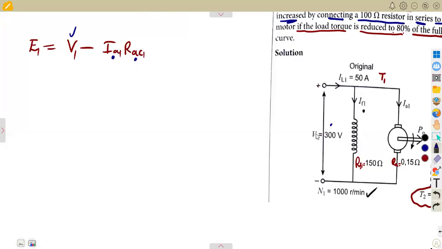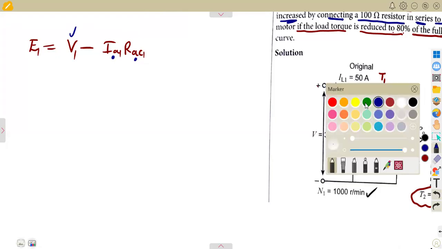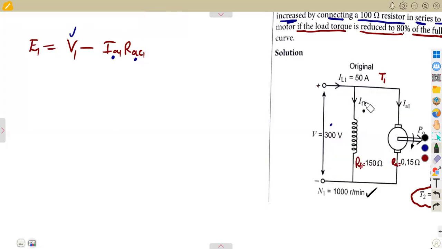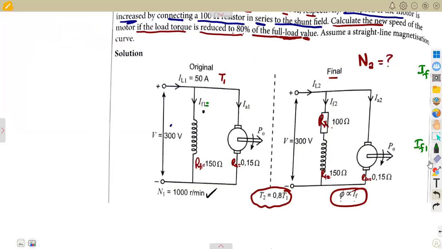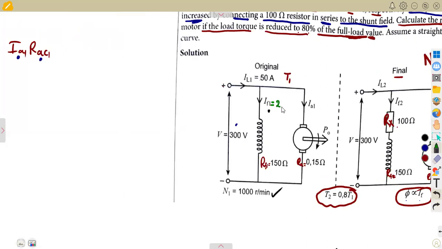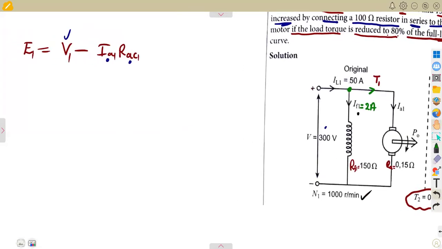All right, so let us calculate the armature current. We can calculate this because remember, we have got the field current 1. We calculated this. The field current 1 is 2 amps. From your Kirchhoff's law, current entering is equal to the current leaving the circuit, so the load current 1 is equal to the field current 1 plus the armature current 1.